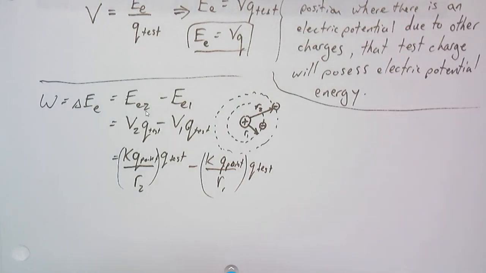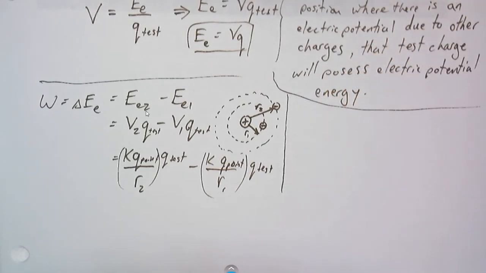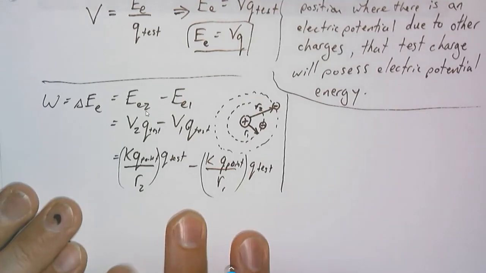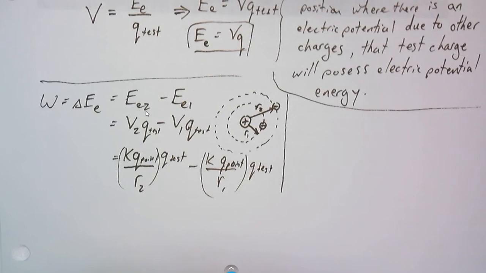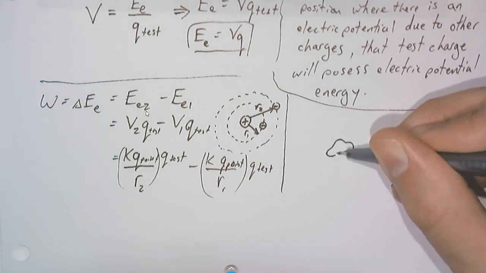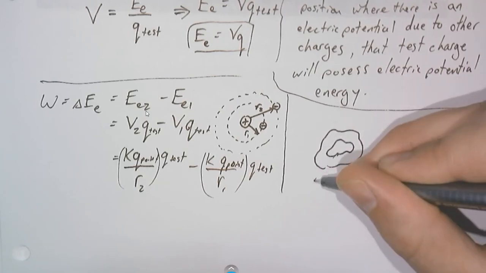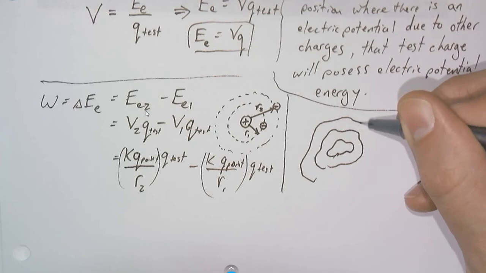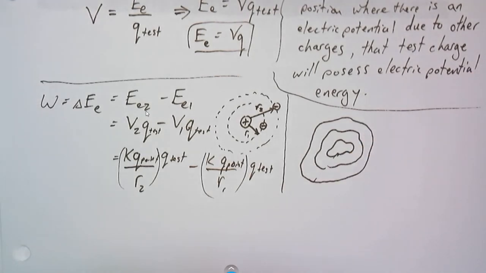And again, I want to try and fall back on this idea of how this could relate to our understanding of gravitational potential energy. So this is electric potential energy. We're using electric potentials and test charges to figure out what the change in electric potential energy is. And I want to, again, lean back on our earlier grade school days of how we learned about contours in the past, because I'm calling these equipotential contours or equipotential surfaces for electrostatics.